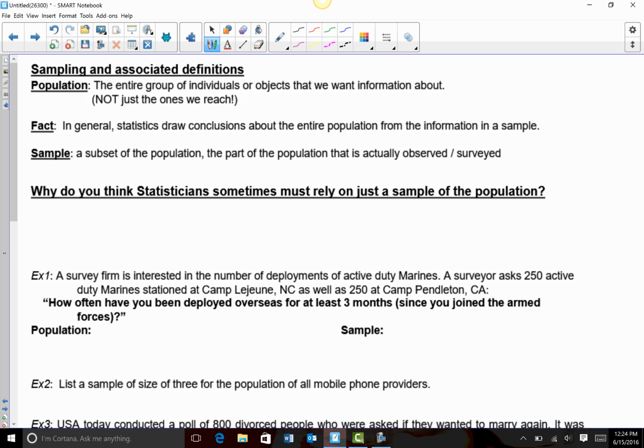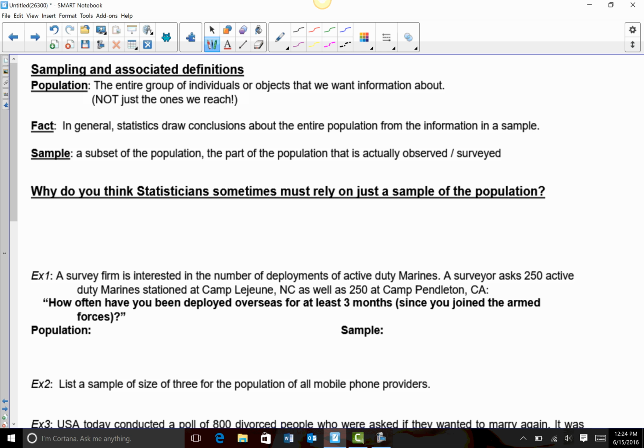A lot of statistical studies are grant funded, and grant funding means that there's a specific amount of money, and generally a lot of times a specific amount of time. And so to reach the entire population may be near impossible in the amount of time and money that you're given, so you would have to scale it back down to a sample.